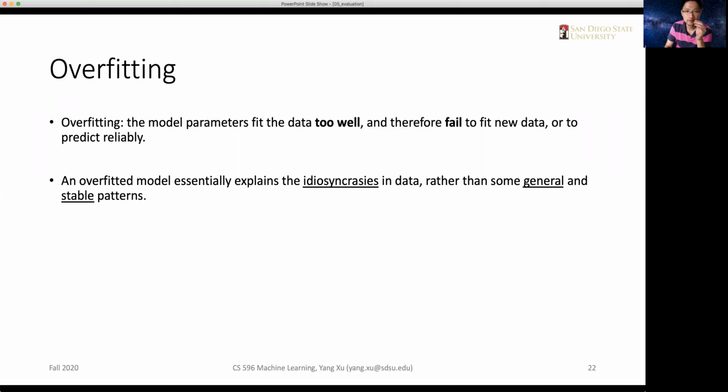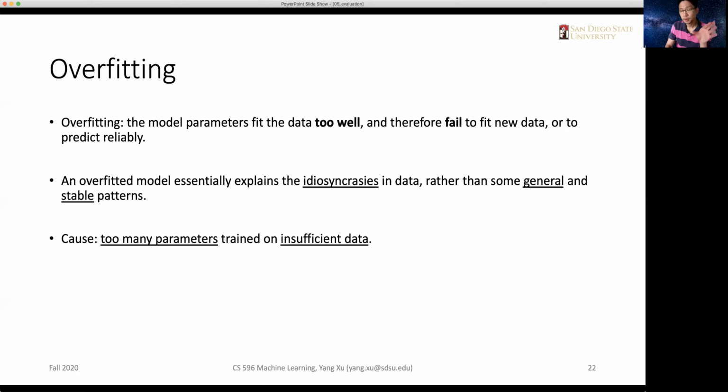An overfitted model basically does not find the general or stable patterns in the data, but is simply describing the very specific idiosyncrasies in the current data, and it doesn't tell a general pattern in general cases.